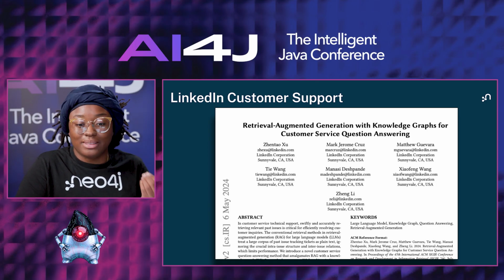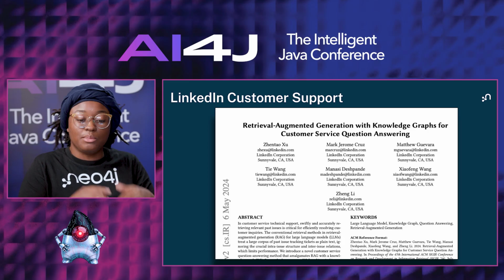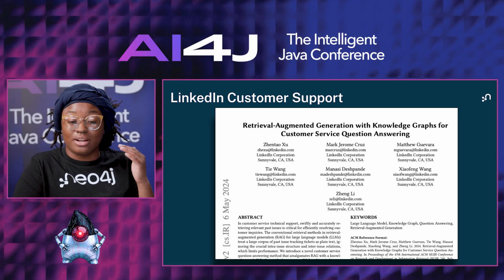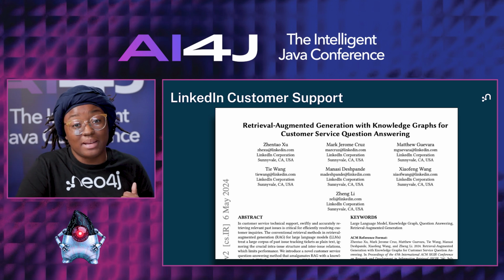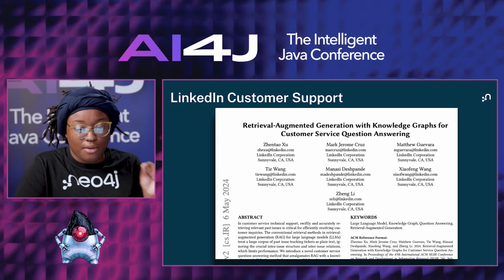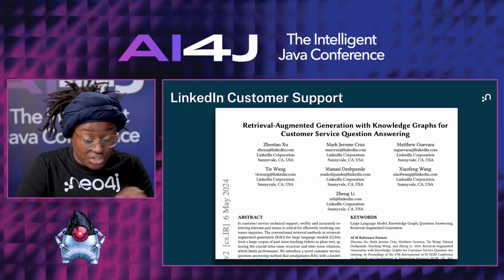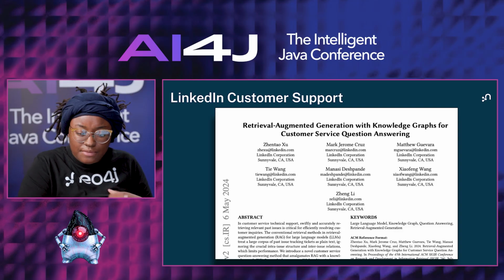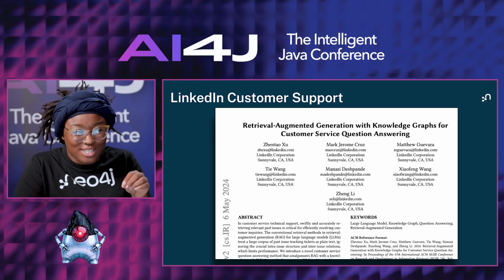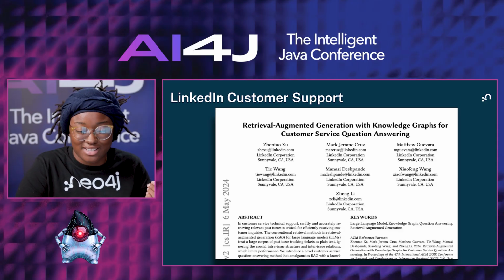For example, LinkedIn: there's a seminal white paper by a staff software engineer at LinkedIn, Zhentao Zhu, and their entire team titled Retrieval Augmented Generation with Knowledge Graphs for Customer Service Question Answering. And this paper specifically tested GraphRAG to see if it actually benefited the customer service question answering process.